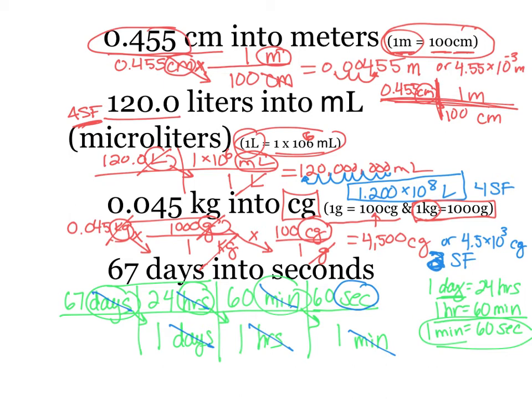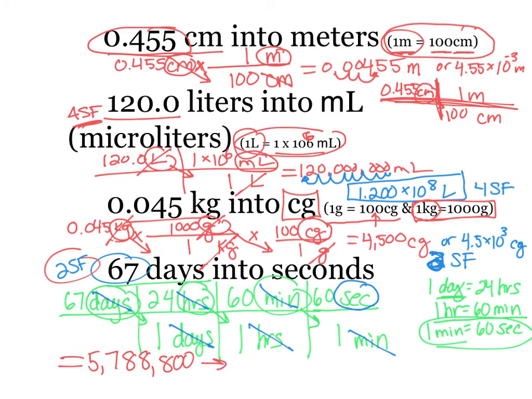So we plug this into my calculator, and this only has 2 sig figs, so we need to make sure our answer only has 2 sig figs. I plug all those numbers in, and I get 5,788,800. But again, I can only have 2 sig figs, so I need to round this.